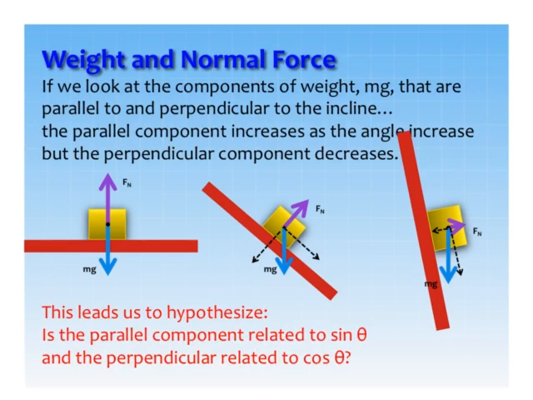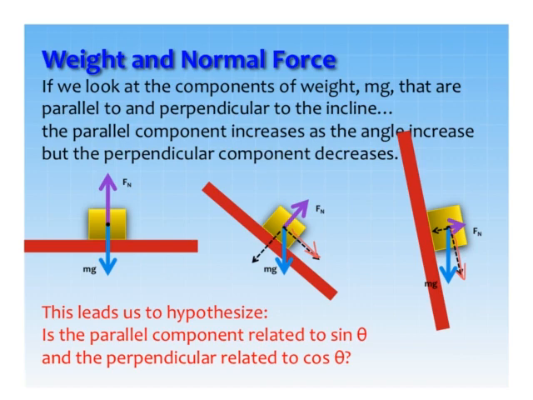So we might wonder, since it has that sort of relationship, does this have to do with sine and cosine? And it certainly does. We might hypothesize that since the sine function increases as theta increases, and this arrow increases in size as theta increases, that parallel component has something to do with the sine. Absolutely. So let's take a look at how that happens here.